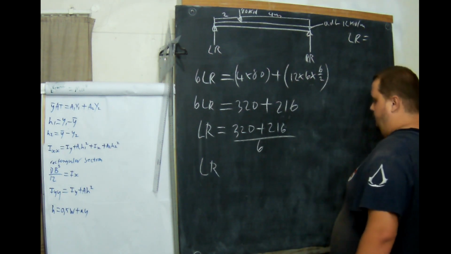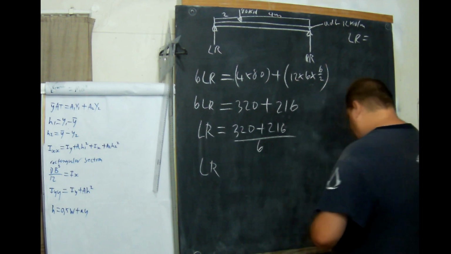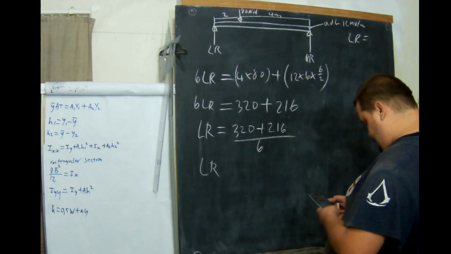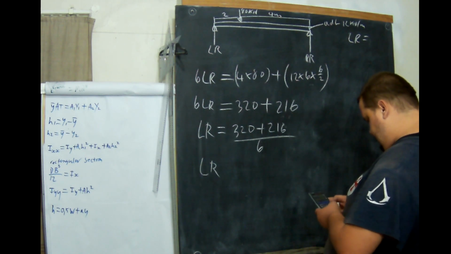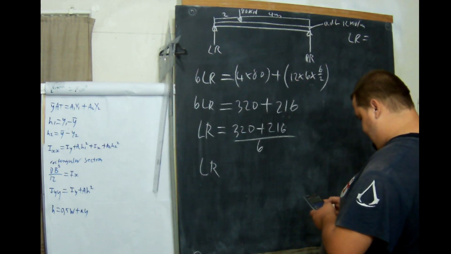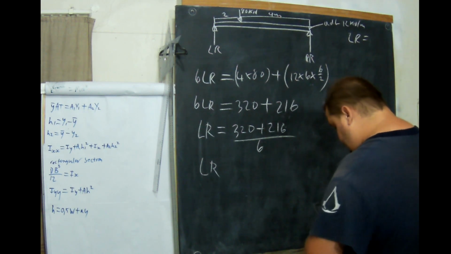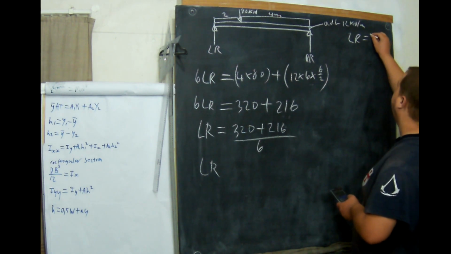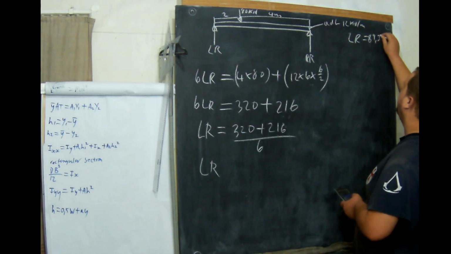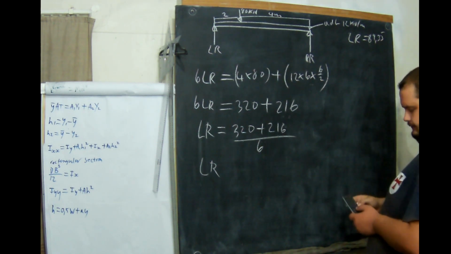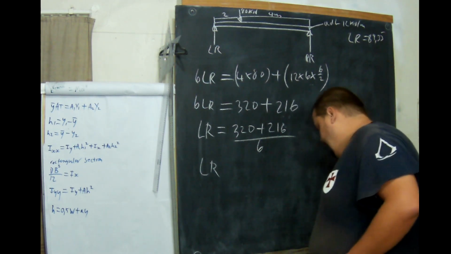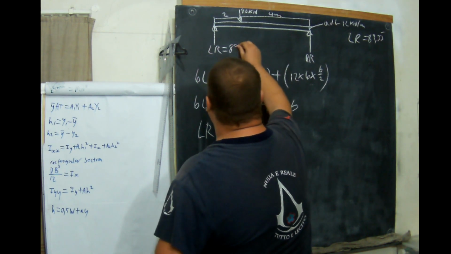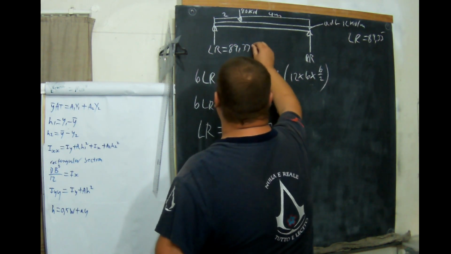Let's do the calculation quickly: 320 plus 216 divided by 6. We're left with 89.33 recurring. Now LR is equal to 89.33 recurring.